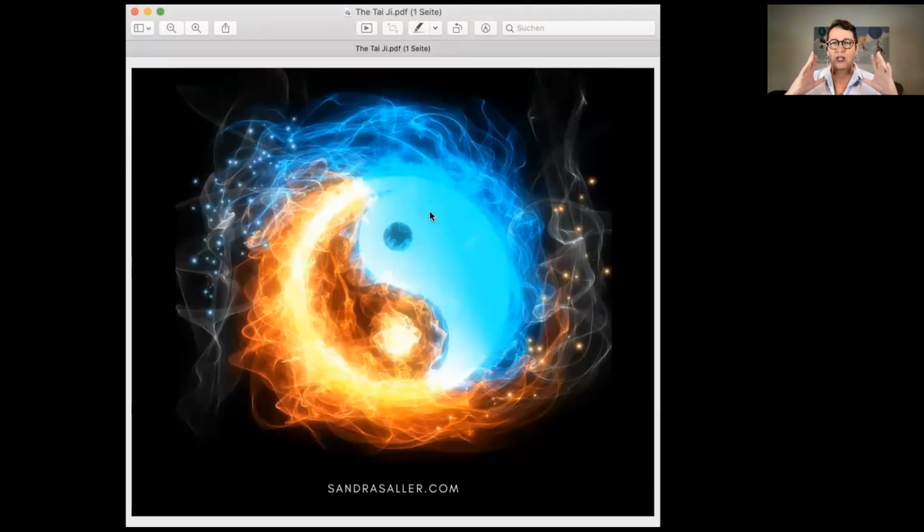And this is why everything is about balance, isn't it? And what I just told you about the relativity, this is what this symbol, the Taiji, wants to tell us, that within the yin, there is a yang. And within the yang, there is a yin quality. One always leads to the other, and one is always part of the other.